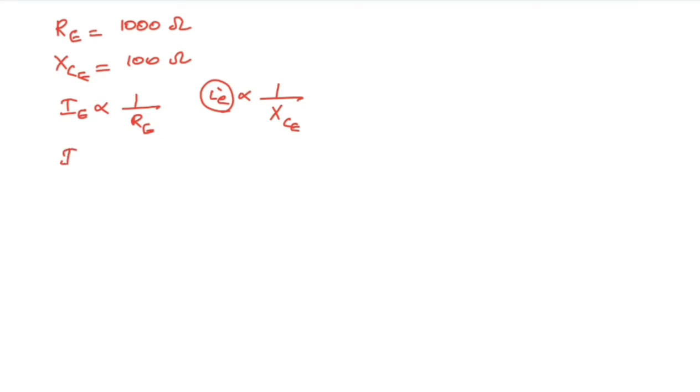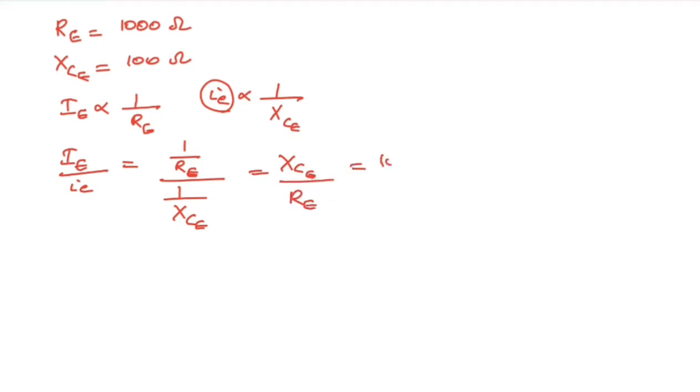Now we can take the ratio of this. Capital I by small i is equal to 1 by RE divided by 1 by Xce. So that is equal to Xce by RE. We can put the values, 100 by 1000. So that is equal to 1 by 10. So we got the ratio of capital I by small i equal to 1 by 10.